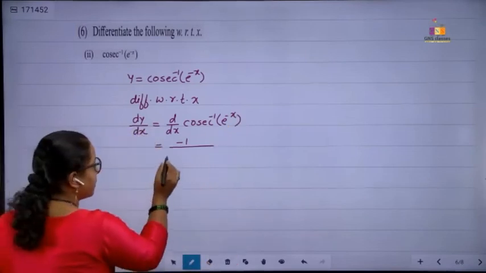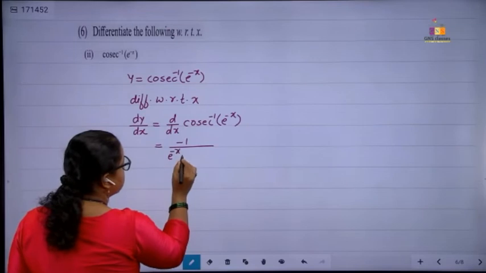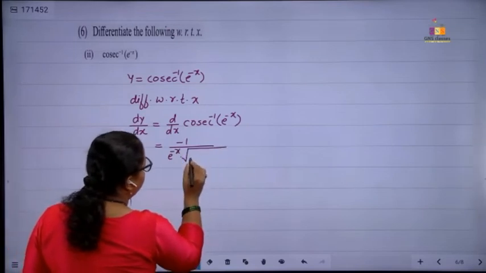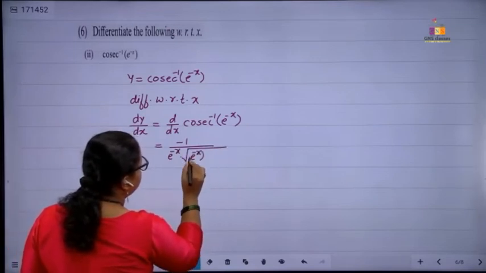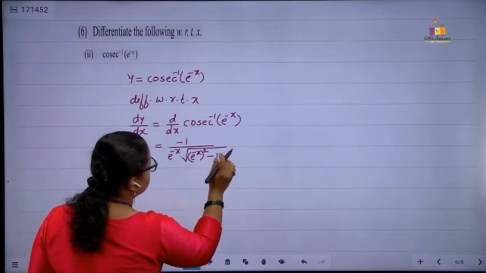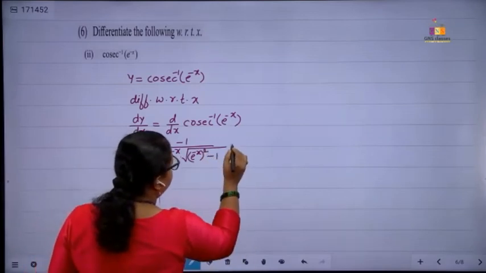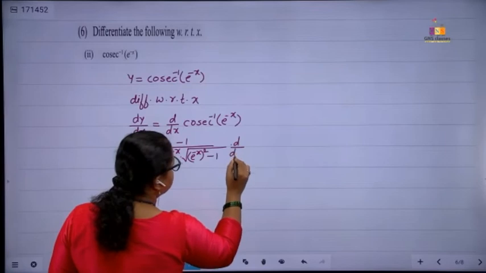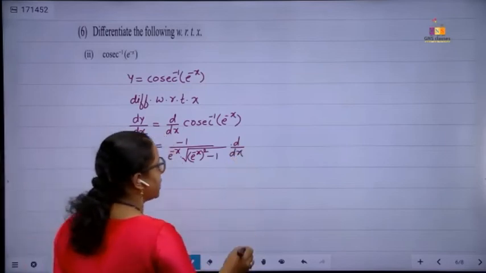That means minus 1 upon e raised to minus x into root of (e raised to minus x) square minus 1, into, now inside function is e raised to minus x.